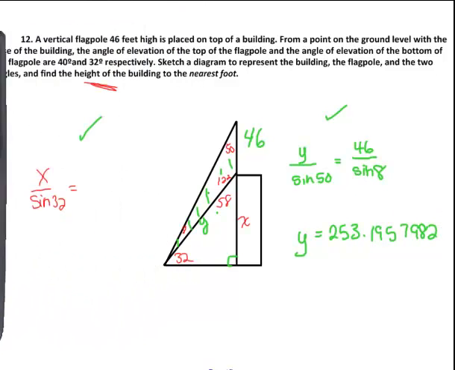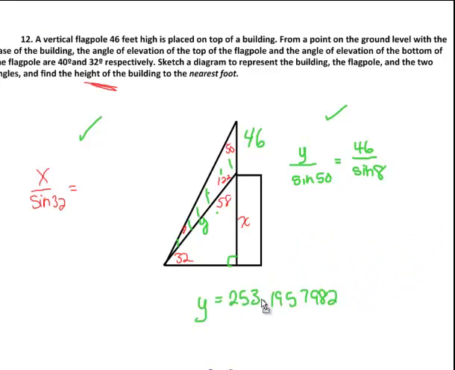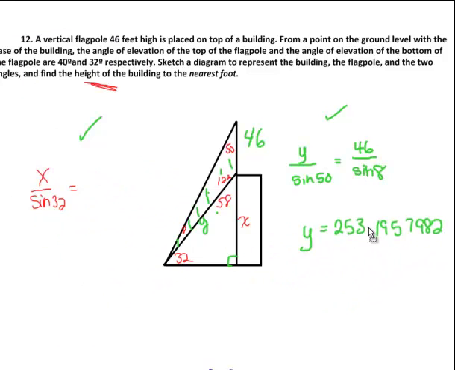Now I can use this answer over here, because now I know that x is to the sine of 32 as y, which I just figured out to be 253.1957982, is to the sine of 90.